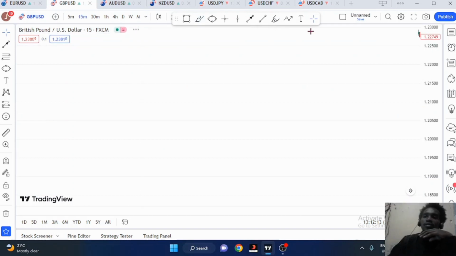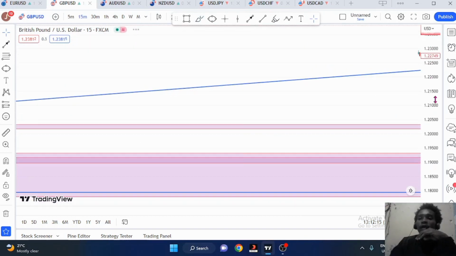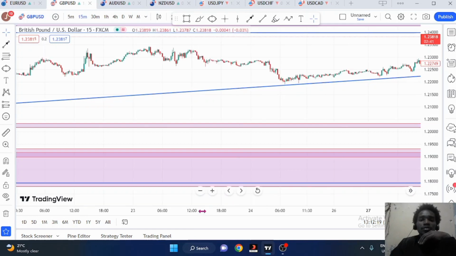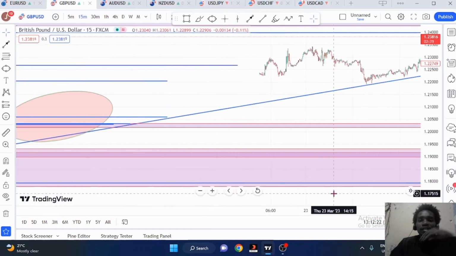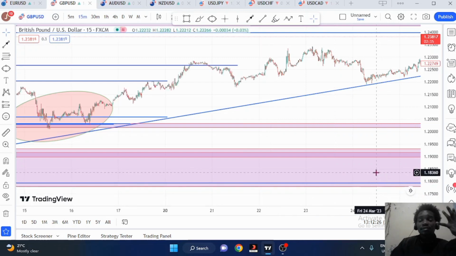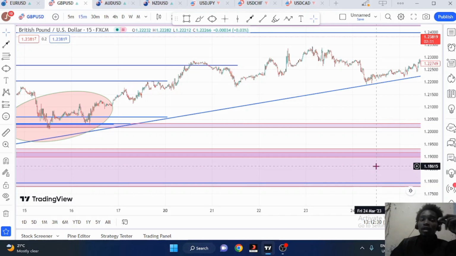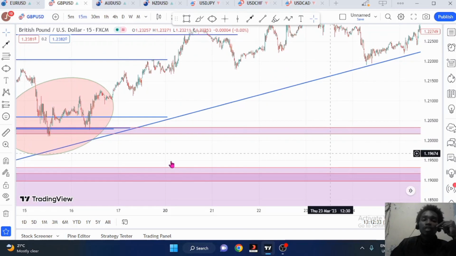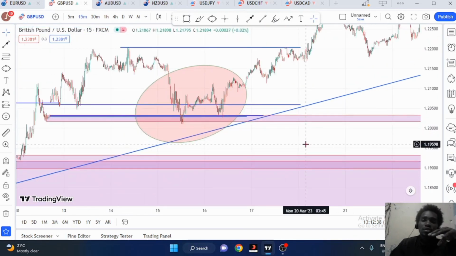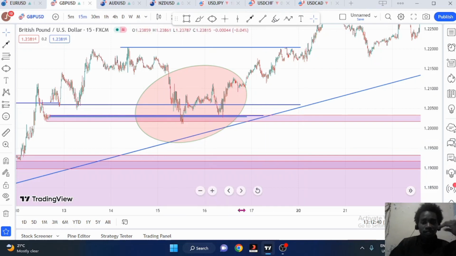I just look for entry, or change of character, that is entry confluences, in the lower 15 minute time frame. Why do I go to the 15 minute time frame? So that my risk can be narrowed down. There are pips I risk based on a pair, based on the value of one pip, so that I can understand how much I'm going to lose for this trade if I take it.